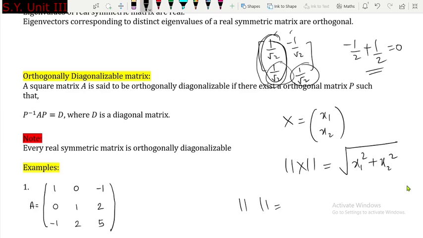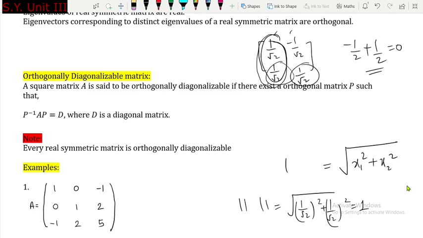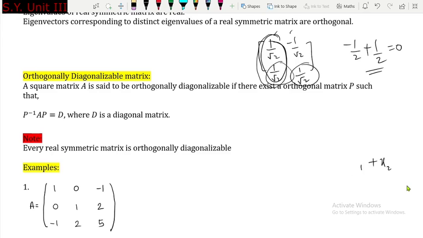It will be the square root of (1 upon root 2) square plus (1 upon root 2) square, and you can observe that it is going to be 1. Similarly, the norm of the second column is also going to be 1, and a similar thing will happen for rows also. So rows are also orthogonal to each other, and the norm of each row is going to be 1. These are the basic properties satisfied by an orthogonal matrix.